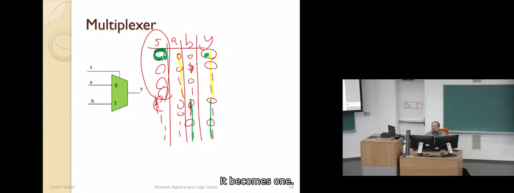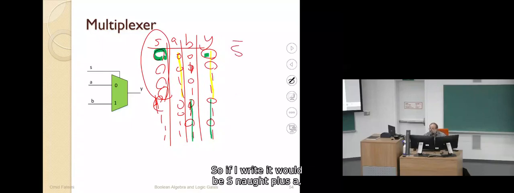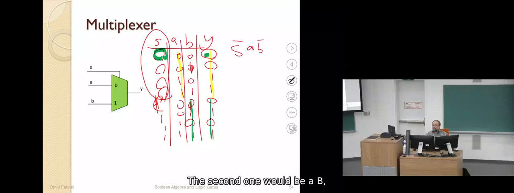This one corresponds to S0, A1, B0. So if I write it, it would be S naught, A, and B naught. So this is the first one. The second one would be S naught, A, B. Okay? Following? Any questions?